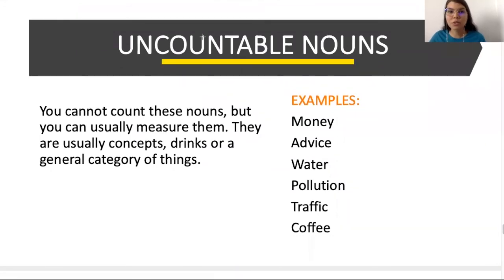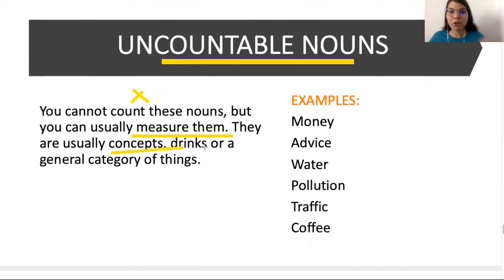Uncountable nouns, you cannot count these nouns. You cannot use your hands. You cannot use a calculator to count, but you can usually measure them. They can be measured, but they cannot be counted.